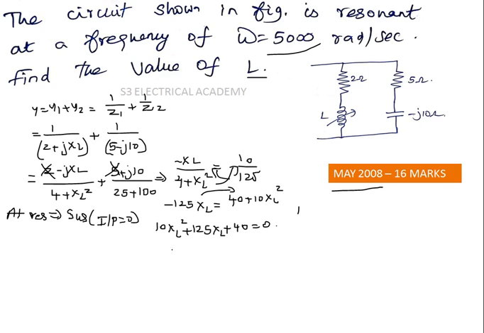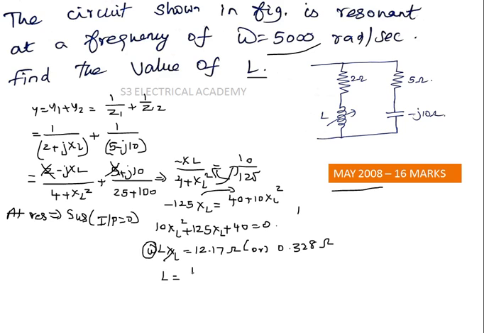Solving this equation with a calculator, we will find the XL value should be equal to 12.17 ohm or 0.328 ohm. So XL is nothing but omega L. Omega value is given, that is 5000 radians per second.